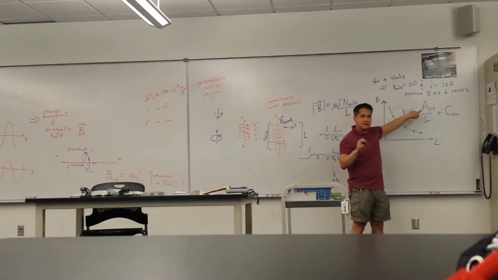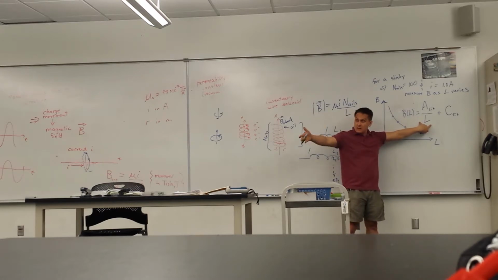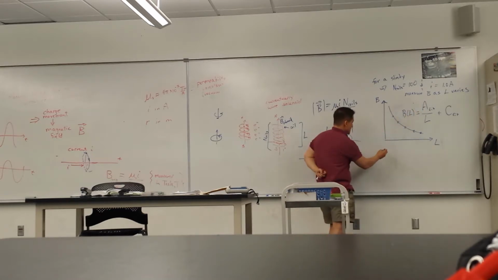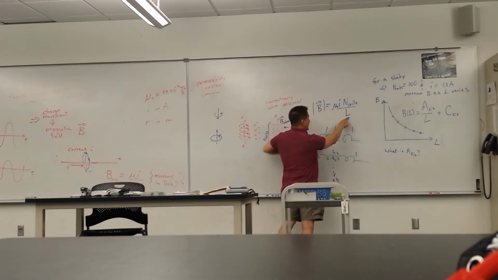But if we did, and we fit this thing to an inverse curve like this, what would we expect A fit to be? What would correspond physically to this fit constant A fit? What would A fit represent? Well, if I'm plotting this versus this, it should be mu times I times the number of coils.